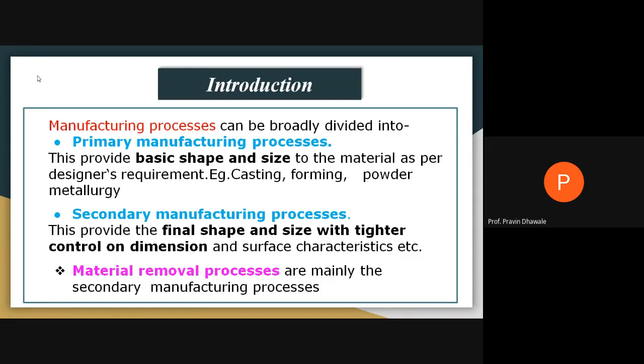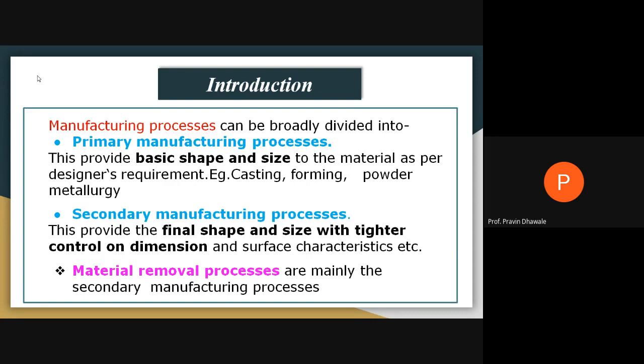Means an approximate shape is formed by such manufacturing processes. Are you getting? Primary manufacturing processes give only basic shape and size. Examples are casting, forming, powder metallurgy, right?